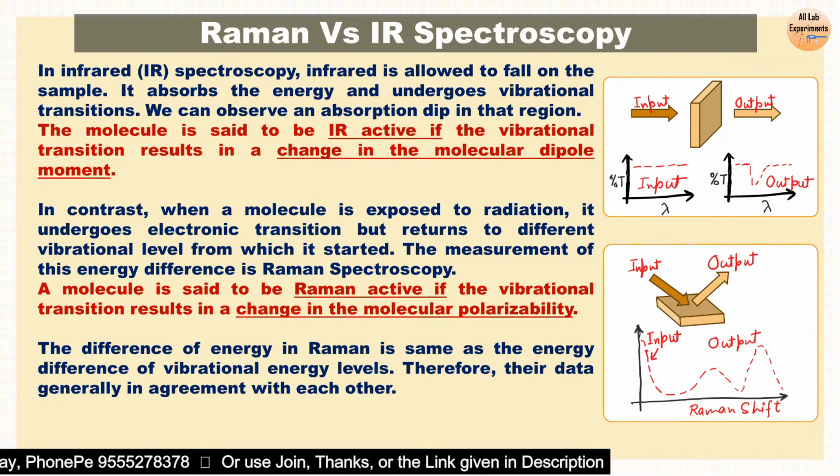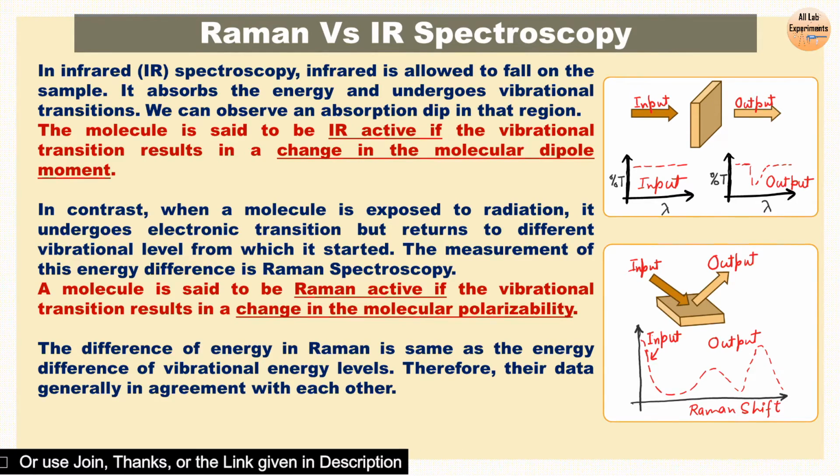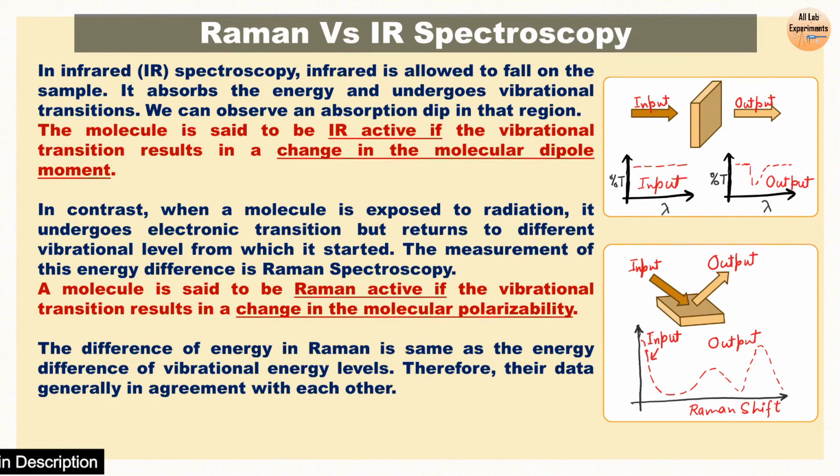As you can see in the figure on the right-hand side, a molecule is Raman active if the vibrational transition results in a change in molecular polarizability. Because both of these characterizations discuss vibrational energy levels, their data are generally in agreement with each other.